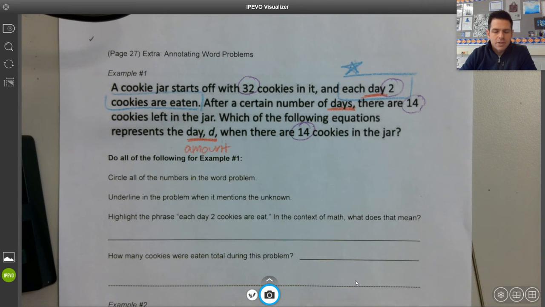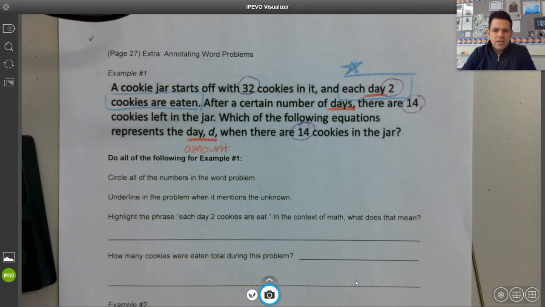Those words usually let us know where the variable is going to be located. We know that we have multiple terms in our equations. Terms that involve variables usually involve, in these problems, phrases such as each, every, per. Those are keywords to look for, and here we see the phrasing each.